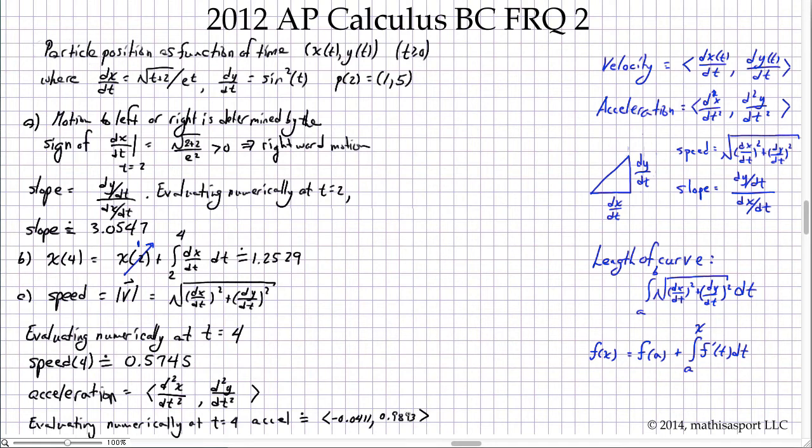All right, one more section to go. Let's talk about d. The distance traveled by the particle. So, distance traveled is simply the length of the curve as the particle goes from t equals 2 to t equals 4.